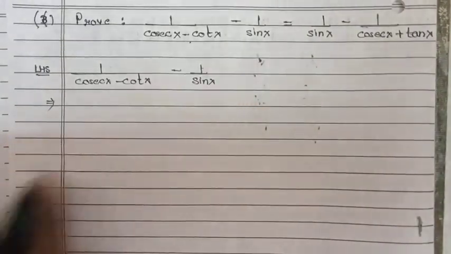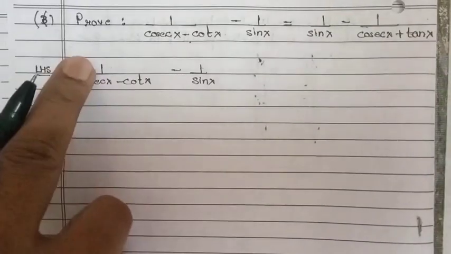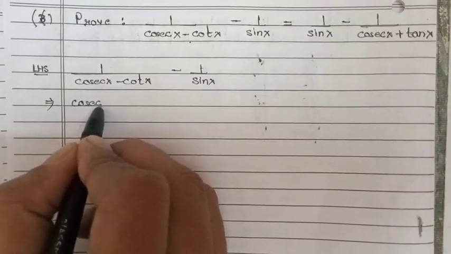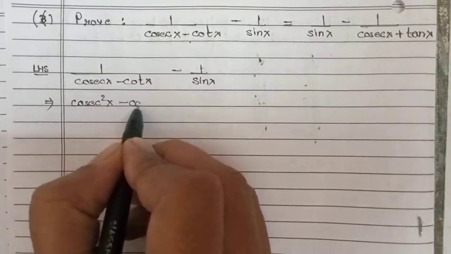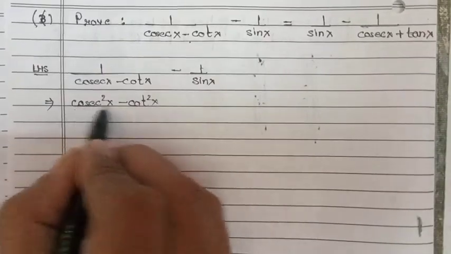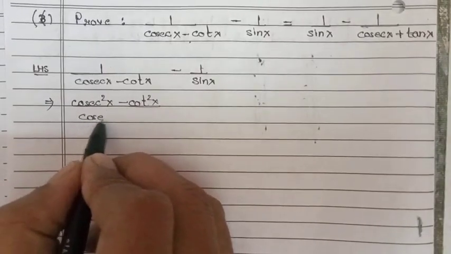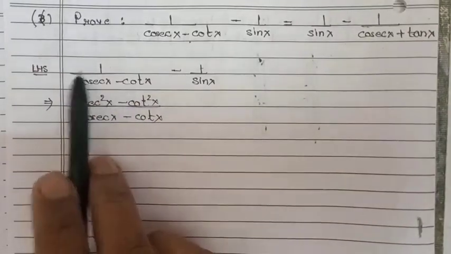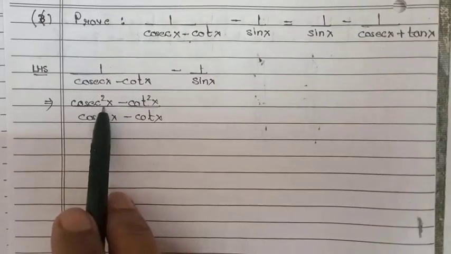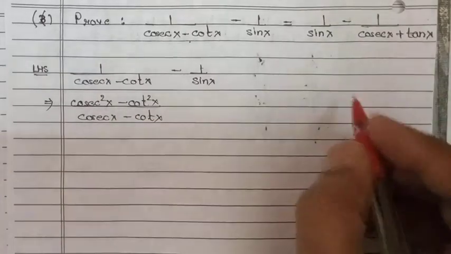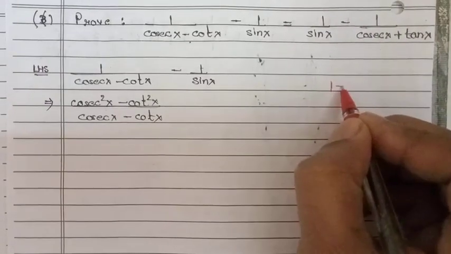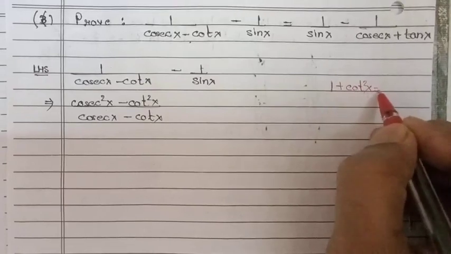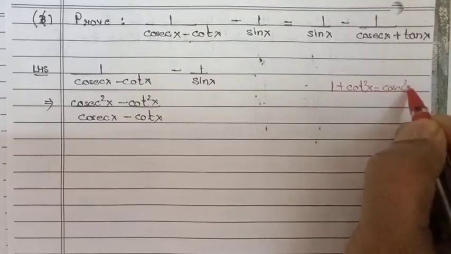Now what we can do on the left side, in the numerator part here, 1 can be replaced with cosec square minus cot square. See, this numerator 1 has been replaced by cosec square minus cot square, and from where we got it, you must be knowing this identity: 1 plus cot square is equal to cosec square.